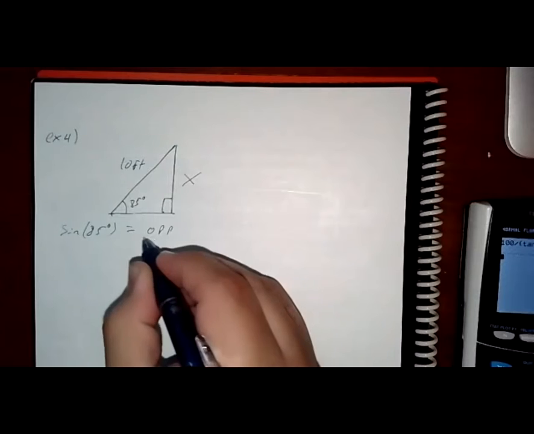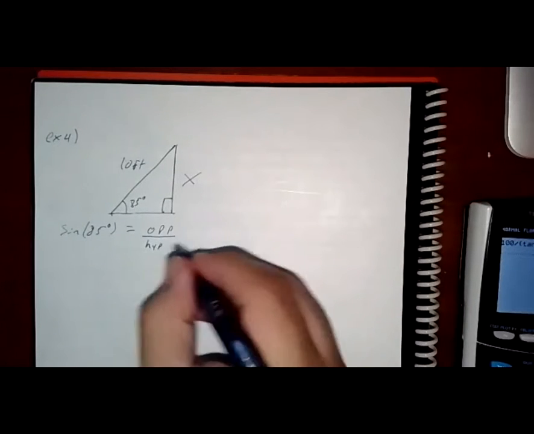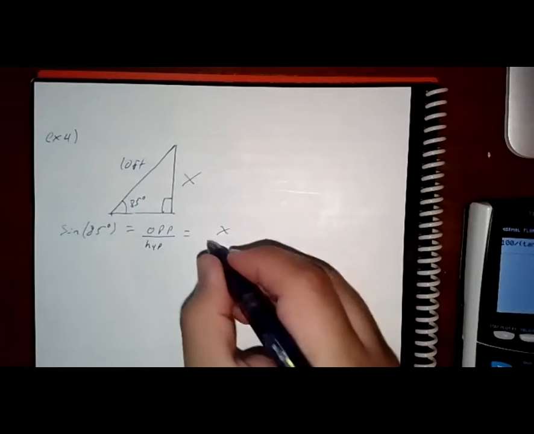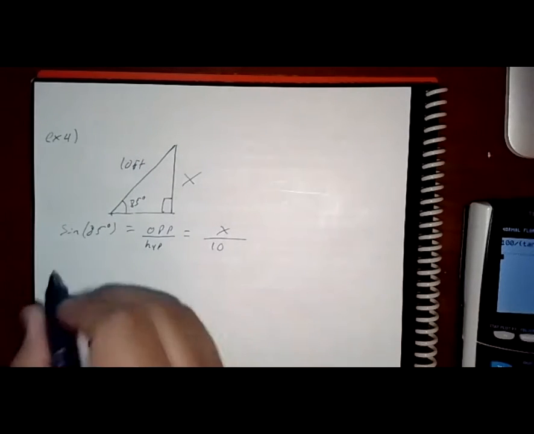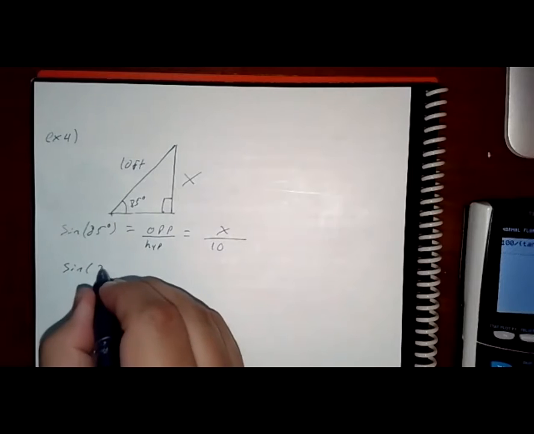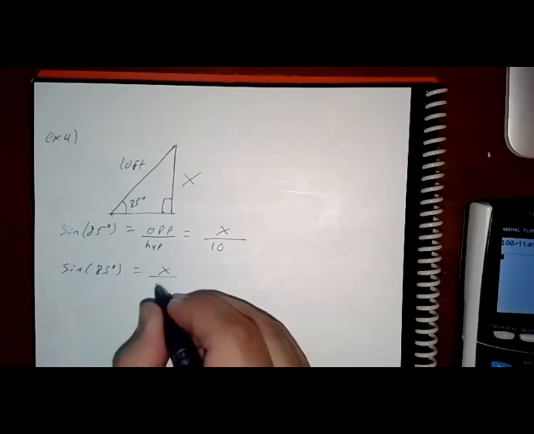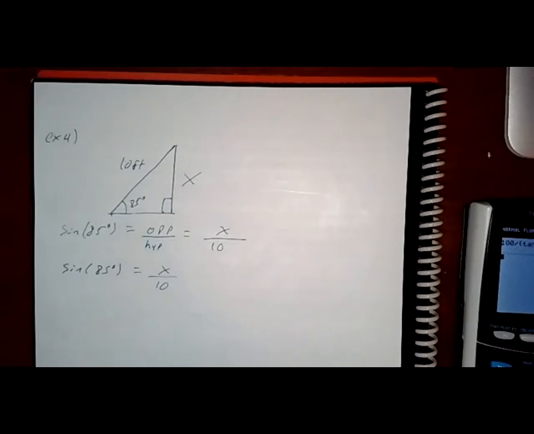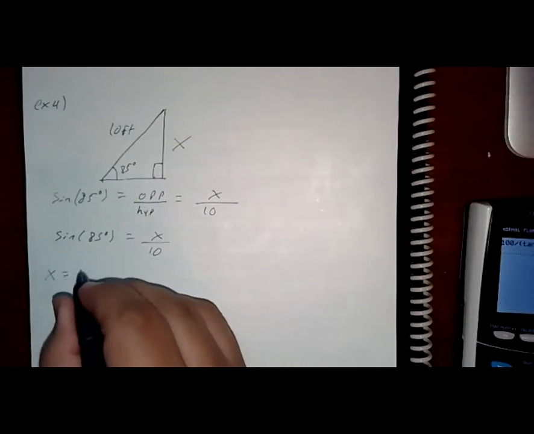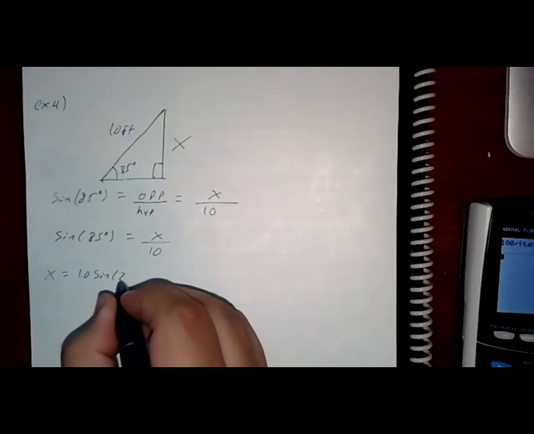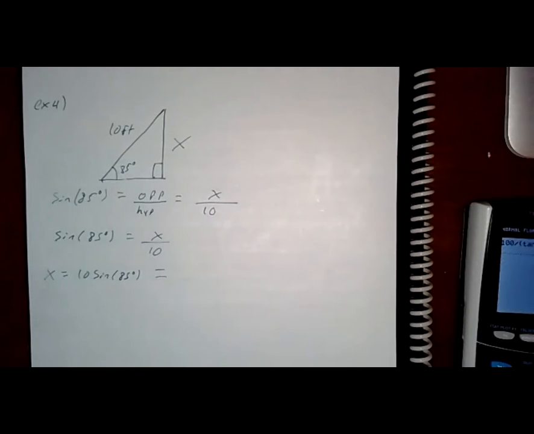So, there we go. Right. So sine of 85 degrees is equal to the opposite, like you said, over 10. Solve for x. Multiply both sides by 10. x will equal 10 sine 85. What is that approximately?